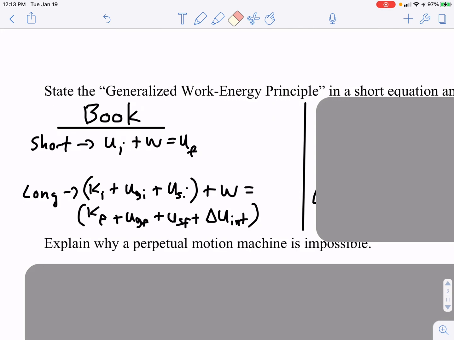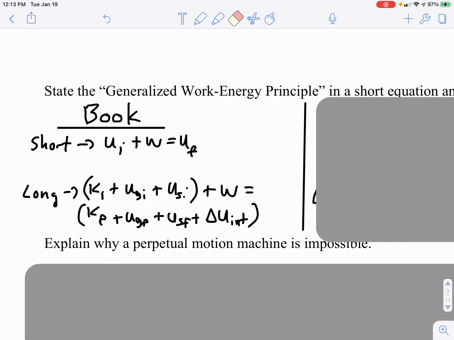The longer version would be the initial kinetic energy plus the initial gravitational potential energy plus the initial elastic or spring potential energy plus the work done equals the final kinetic energy plus the final gravitational potential energy plus the final spring or elastic potential energy plus the change in internal energy.